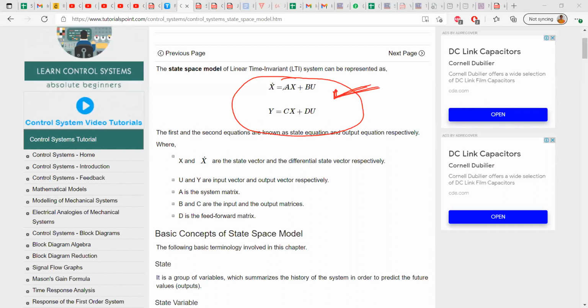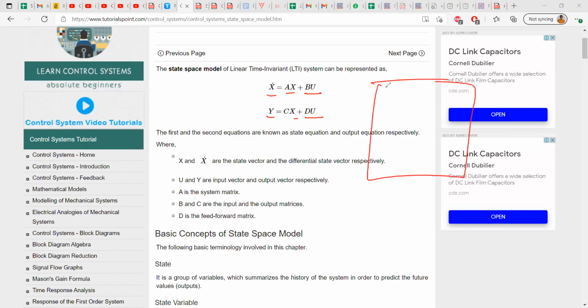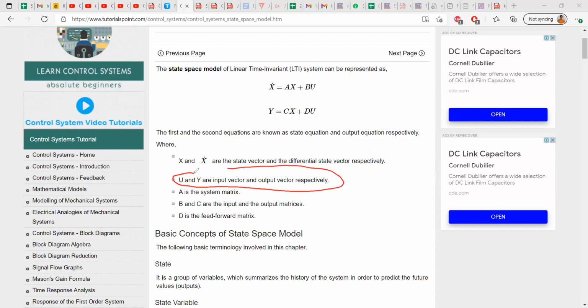X dot means dx by dt. X dot equals A into x plus B into u. Y equals C into x plus D into u, where u is the input. Y is the output. If you observe, u and y are the input vector and output vector respectively.